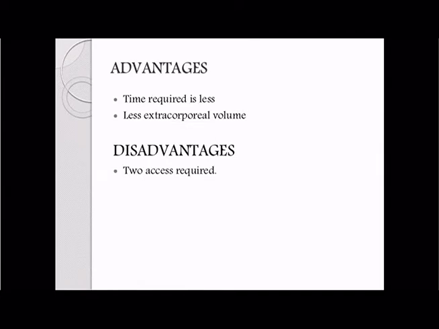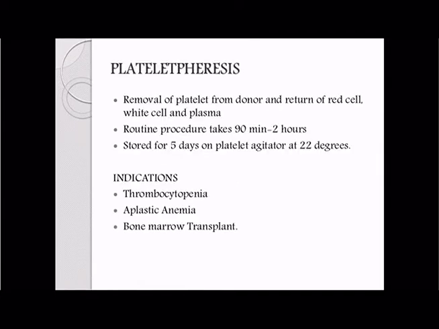Next we move on to the individual separations. Coming to the first, that is platelet pheresis. Platelet pheresis, as the name suggests, is the removal of platelets from the donor and return of red cells, white cells and plasma to the donor.